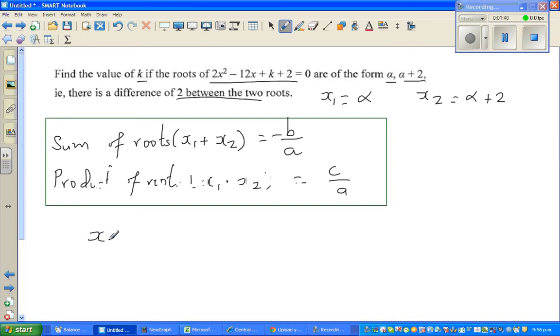The quadratic formula is x equals minus b plus or minus square root of b squared minus 4ac, over 2a.